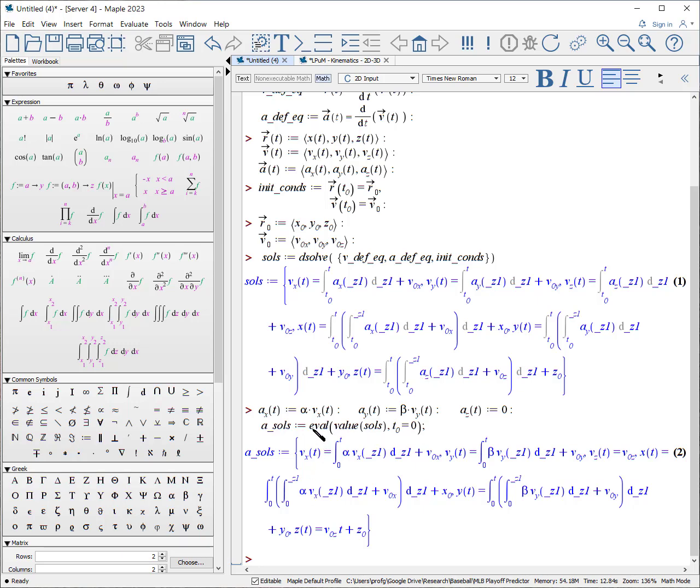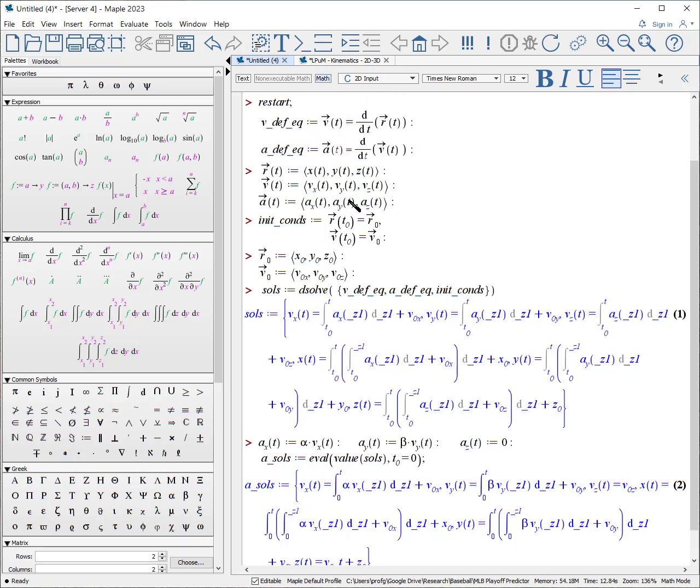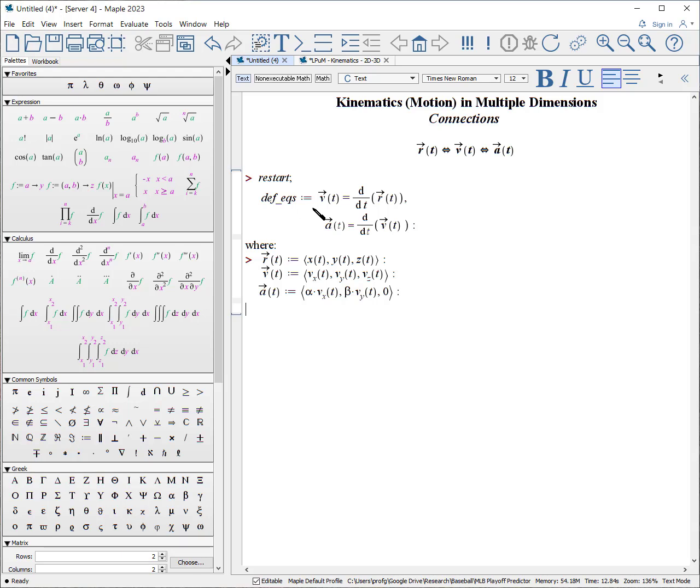If we're working with more realistic problems, we have to return to our initial setup, redefine it before we execute dsolve. So let's return to the definition equations, which I've written out one comma the other, and I've defined each of my vectors in terms of their components.